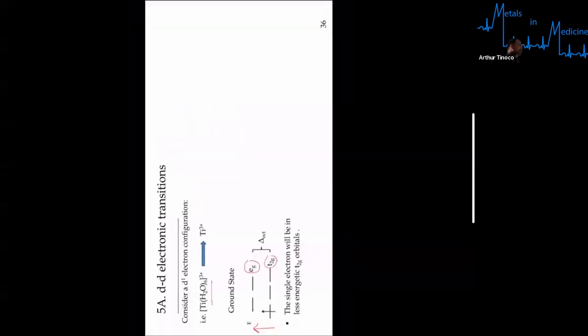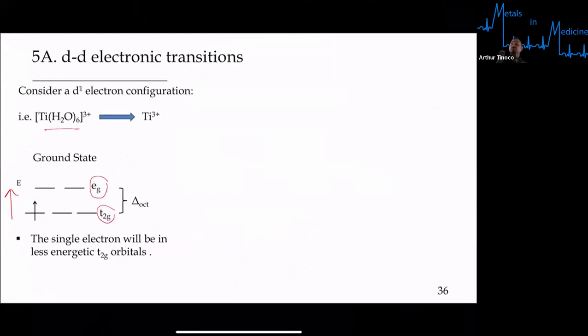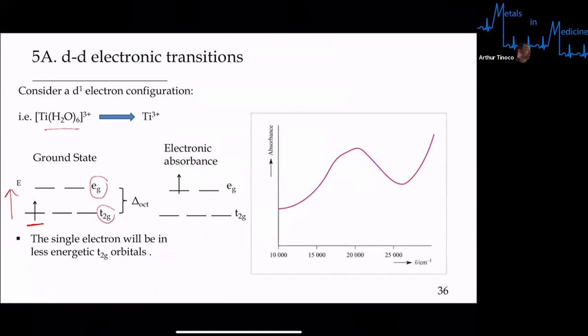And so, according to the Aufbau principle, we're going to put that single electron in the lowest energy orbitals, which would be right here. So if we're going to track a transition, we're looking at a transition from the lower energy t2g to the higher energy eg. And that's a very simple transition. So we would expect to see something simple like this, where we have an absorbance that corresponds to that one single electron.